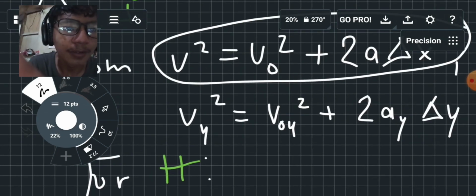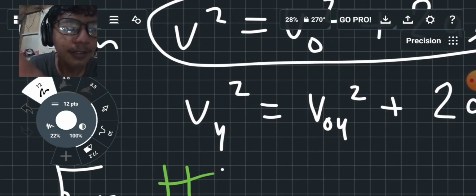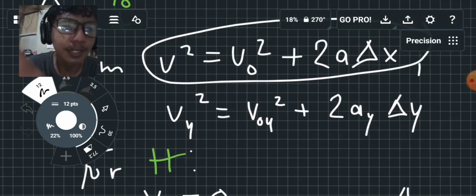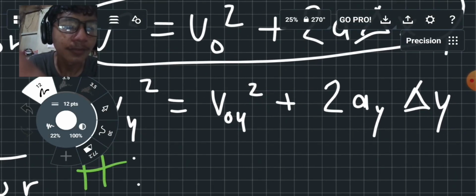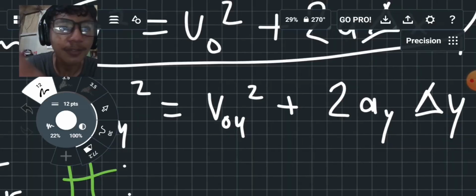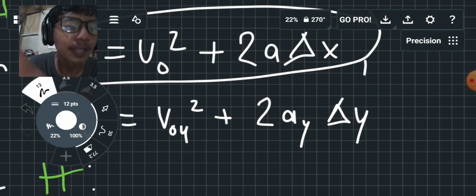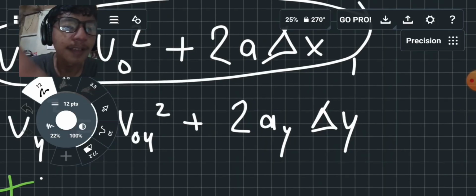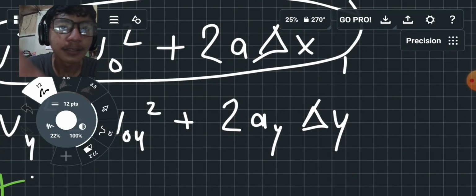So in the y direction, the v becomes v sub y square, and the v naught square becomes the y component of the initial velocity square, plus 2 times acceleration in the y direction times delta y.